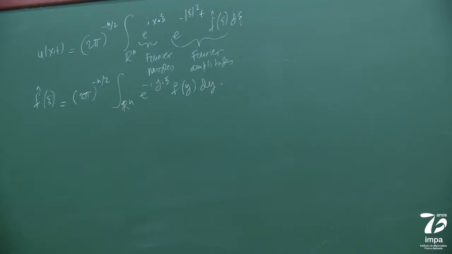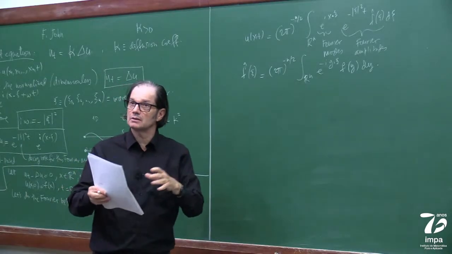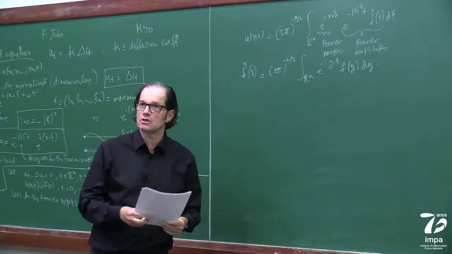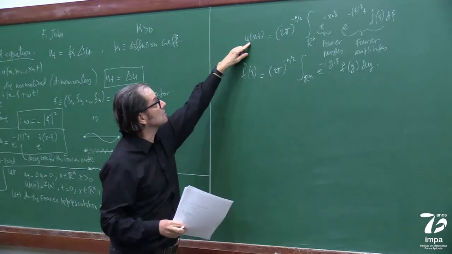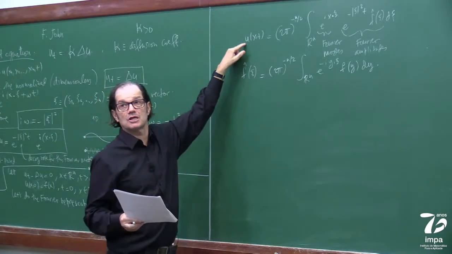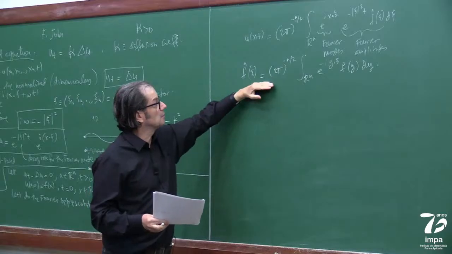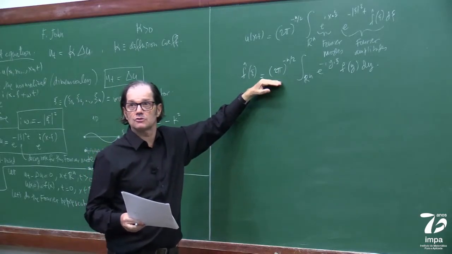So now we're going to play formally with these integrals, admitting that we can do the manipulations, that things converge properly and so on. So this is a Fourier representation of the solution of the heat equation, and this is the rule by which we do the Fourier transform.